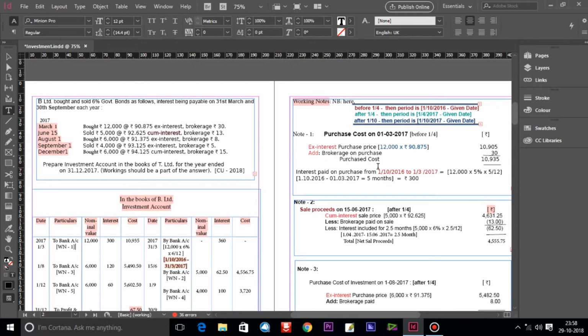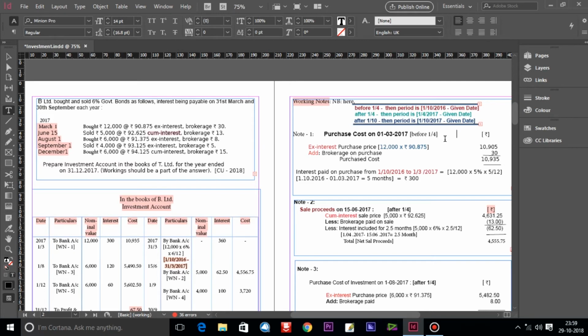Therefore, we have to write to bank account 12,000. It is an X interest, therefore no interest will be charged here, only brokerage will be charged and added to purchase price, and interest will be calculated and set separately under the interest column.